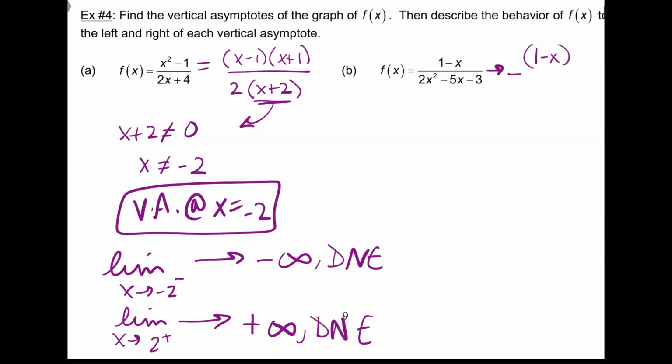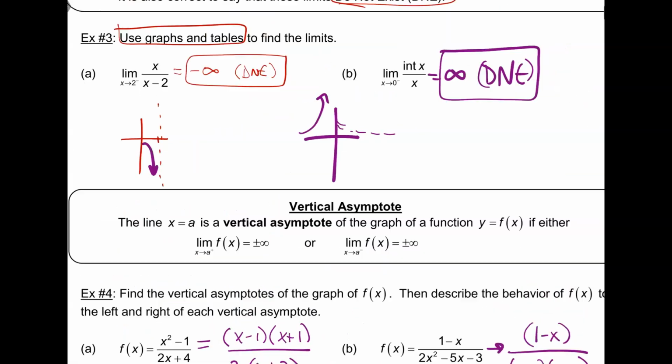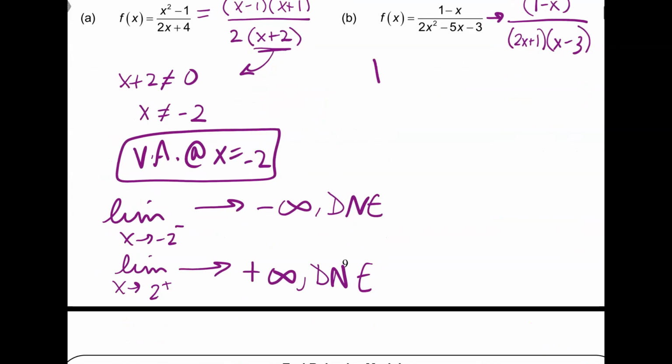So 1 minus x over, if I factor the bottom, 2x squared minus 5x minus 3, which is 2x plus 1 and x minus 3. So this time I have 2 vertical asymptotes because I have 2 factors that make me divide by 0. I have a vertical asymptote where 2x plus 1 equals 0, so that means x equals negative 1/2.